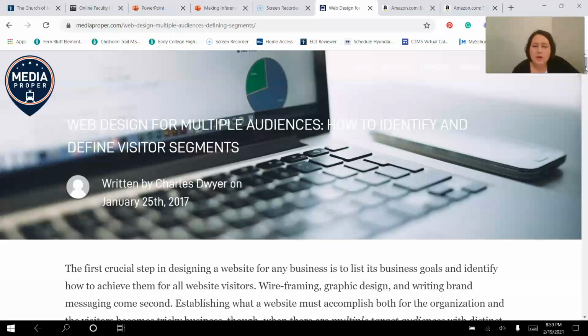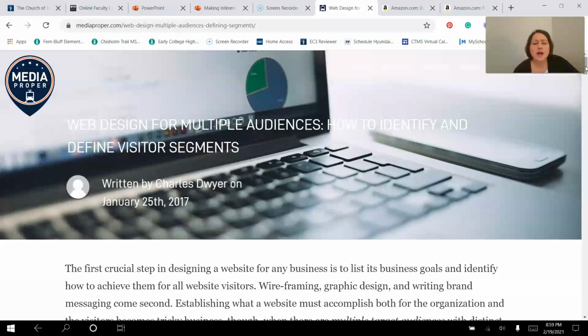I'm thinking, well, I don't know a whole lot about visitor segments, but I've taken a class, Introduction to Web Design, so I've learned a little bit about placing things, a little bit about how there needs to be a call to action, something that the visitor needs to do on a page.